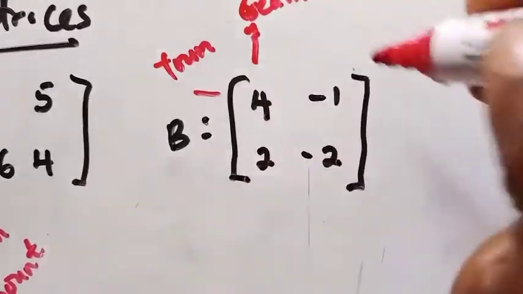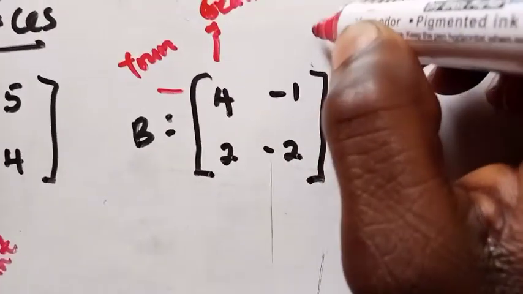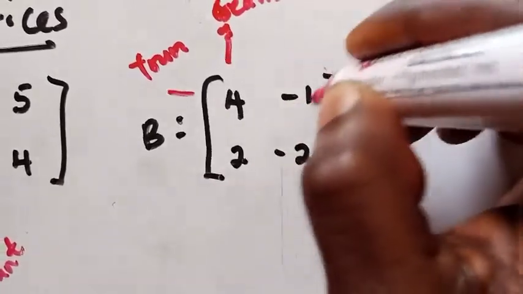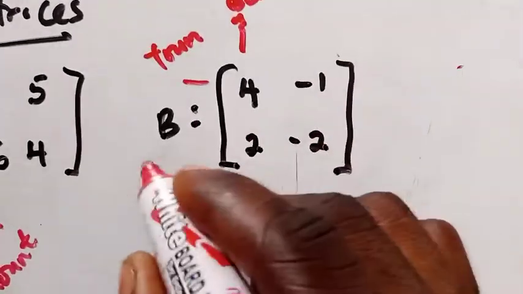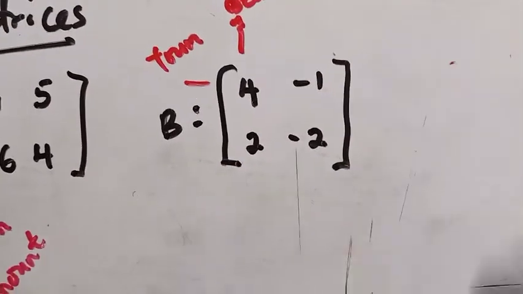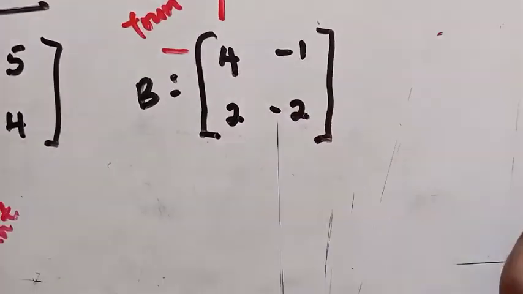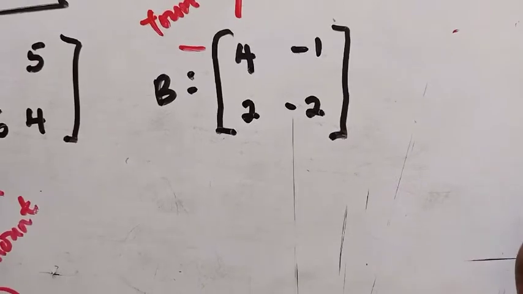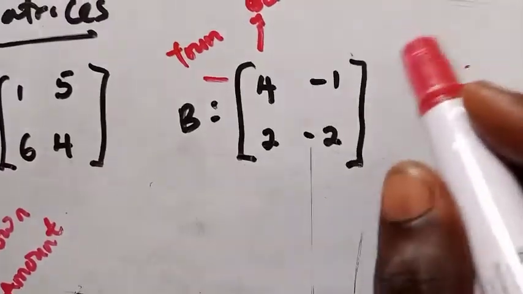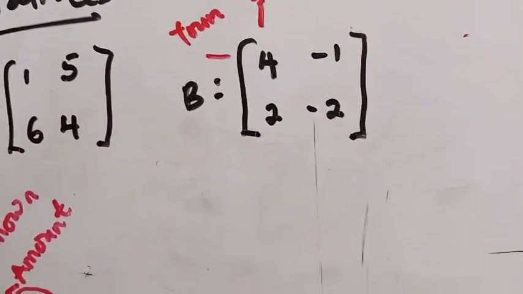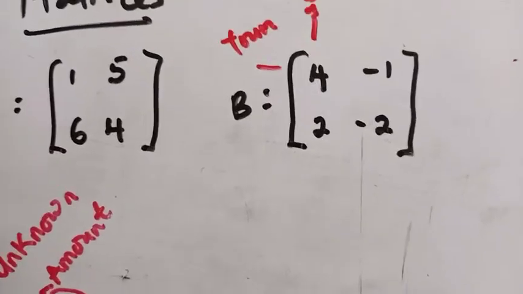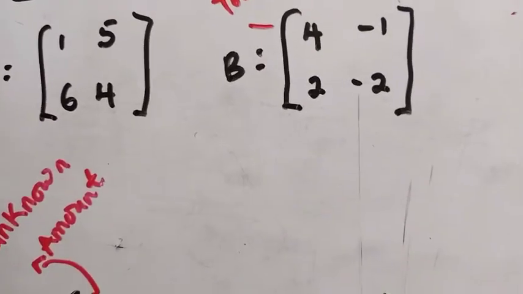Your friend will also buy a different item, which is ice cream on credit, just $1. On the second day, you buy that same ice cream for $2, and your friend bought that on credit, which is another $2. Is that okay? So that's just a simple scenario of a matrix. That's just a picture for better understanding purposes.